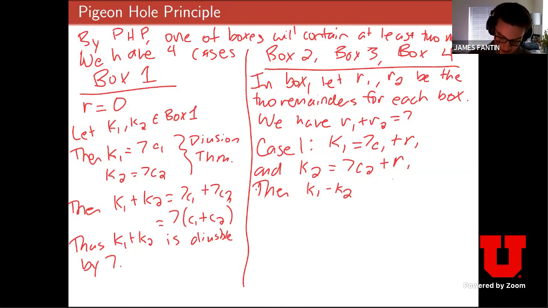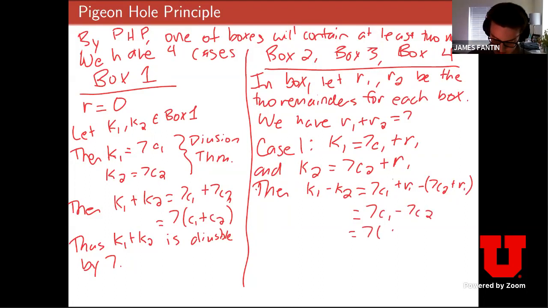And it turns out it works really well if we do the difference for this case. So 7C1 plus R minus 7C2 plus R. And then we'll end up with 7C1 minus 7C2, which is 7 times C1 minus C2. And that's divisible by 7, because that's remainder equal to 0 by the division theorem. It's divisible by 7.